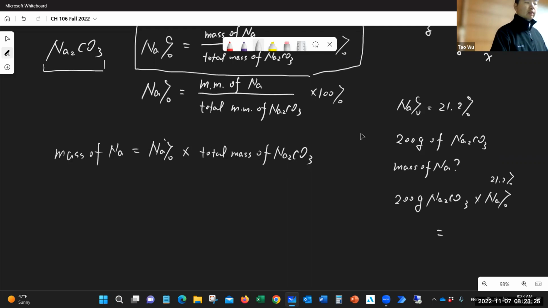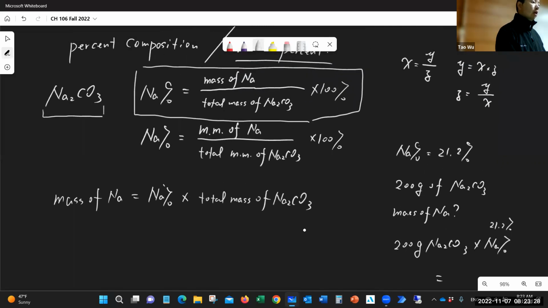And also based on this equation, you can figure out, if I know the percent of the sodium and the mass of sodium, how can we figure out the total mass of the sodium carbonate? Well, obviously, you try to figure out the Z. The Z will be equal to Y over X, which means the mass of sodium divided by the sodium percent, and then you should be able to figure out the total mass of the sodium carbonate.